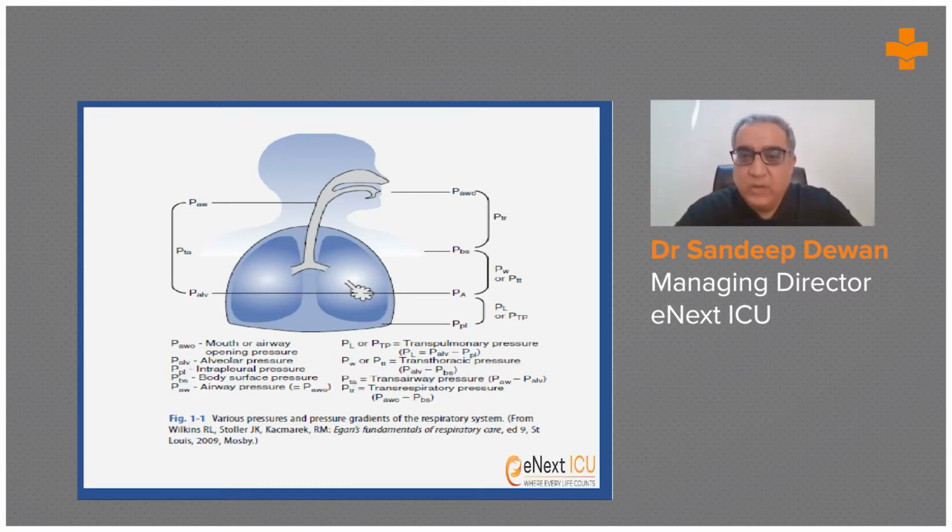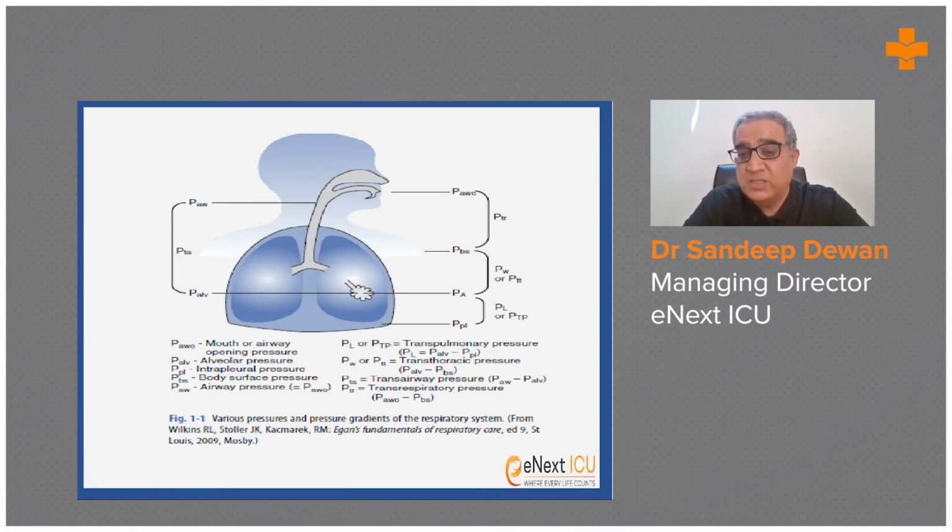Now look at this in a diagram. From the mouth to the alveoli is the trans-airway pressure. From the alveoli to the pleura is the transpulmonary pressure. And from the alveoli to the chest wall is the transthoracic pressure.